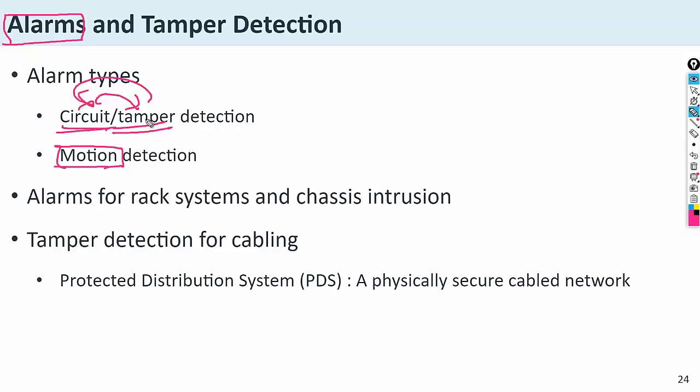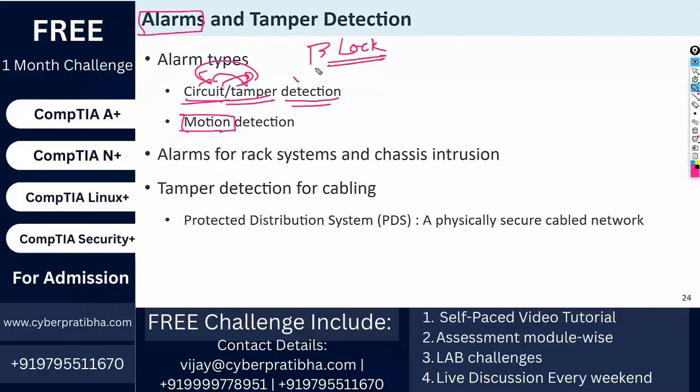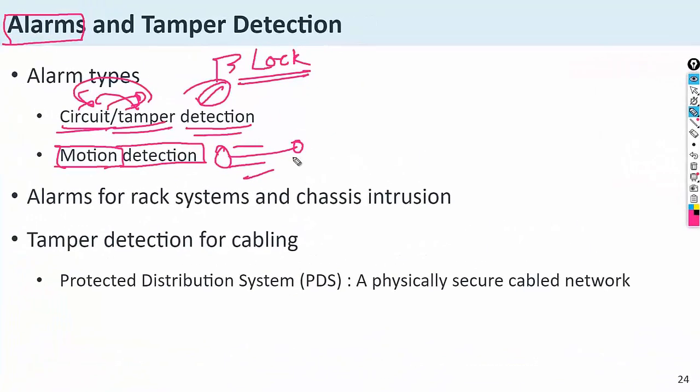If the circuit is open, it will be detected. For example, if someone tries to break the glass or break the lock, the circuit will be closed or opened and the alarm will ring. Another is motion detection. Motion detection means any motion happening inside the room will ring the alarm.